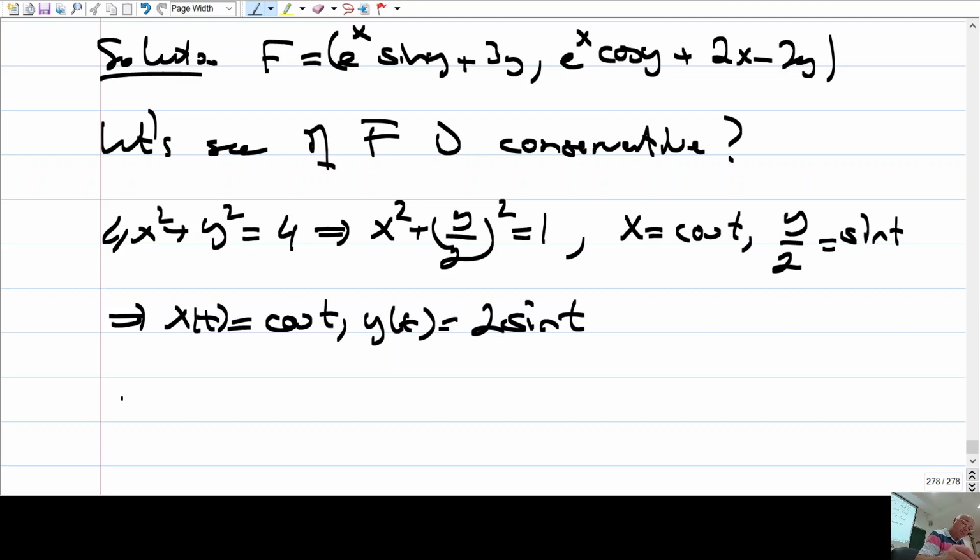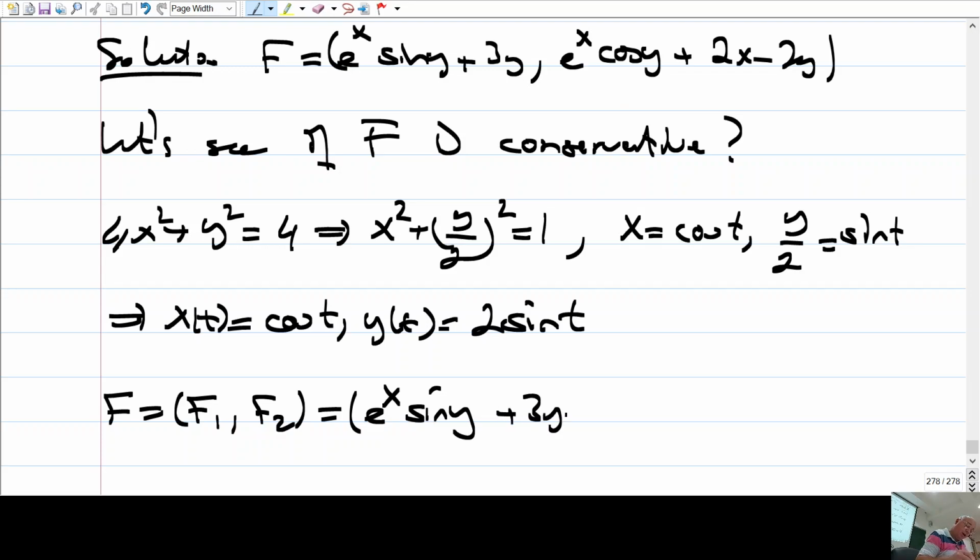So f1, f2, which is e to the power x sine y plus 3y, and then e to the power x cosine y plus 2x minus 2y.